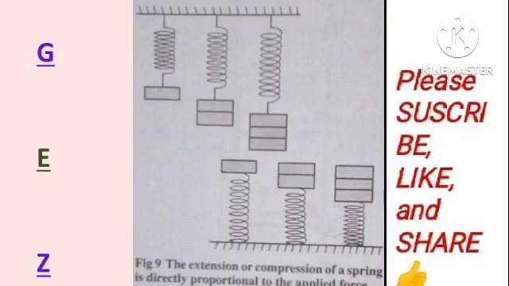Then when it was a triple mass, the total length increased again. If you draw a straight line through the center of these masses, it will be a straight line, not curved. The case of compression is the same. That proves that Hooke's law is obeyed, and I'll tell you about Hooke's law soon.